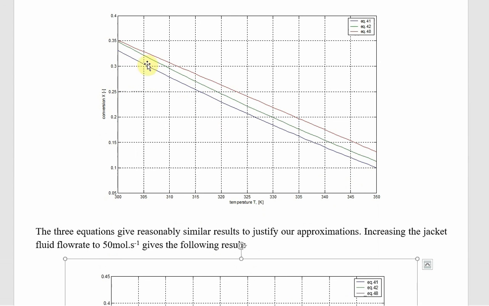As we select a different point in here, that basically selects a different volume. So let's say we can settle for this particular conversion. We use this value and we can get the temperature there, and then we can substitute those values back in our design equation to work out what volume that is. So this part is the CSTR.